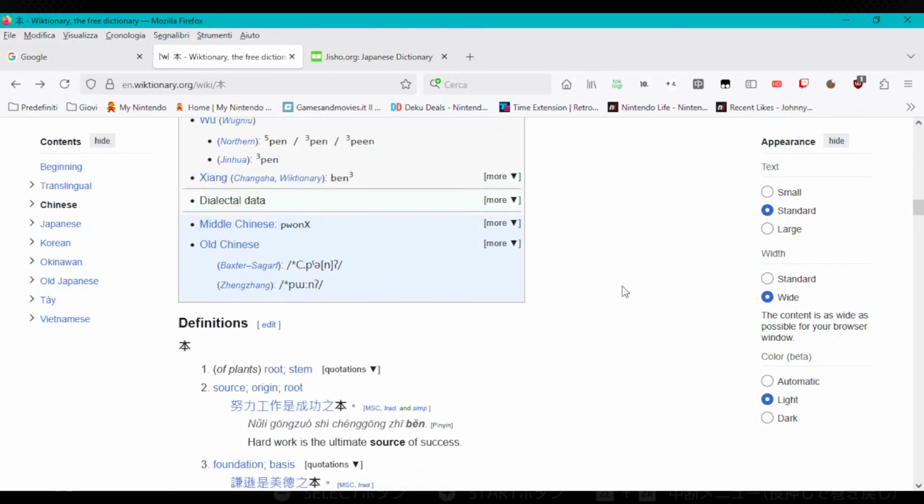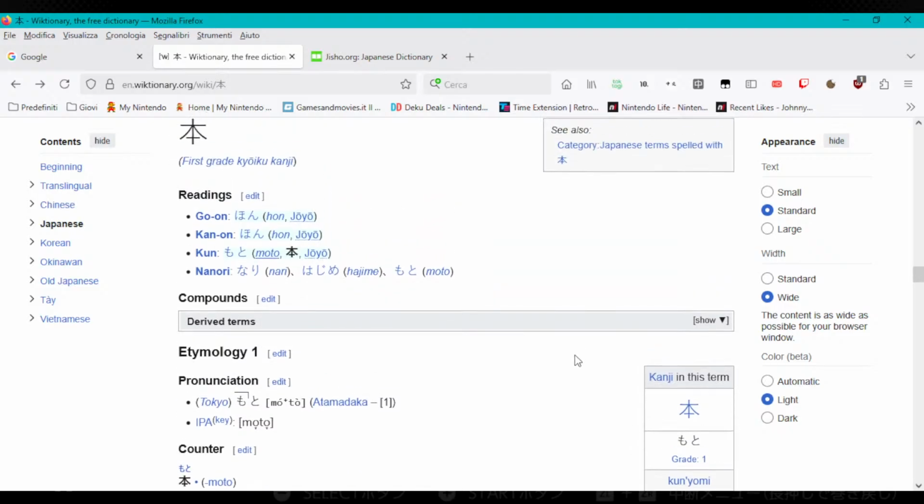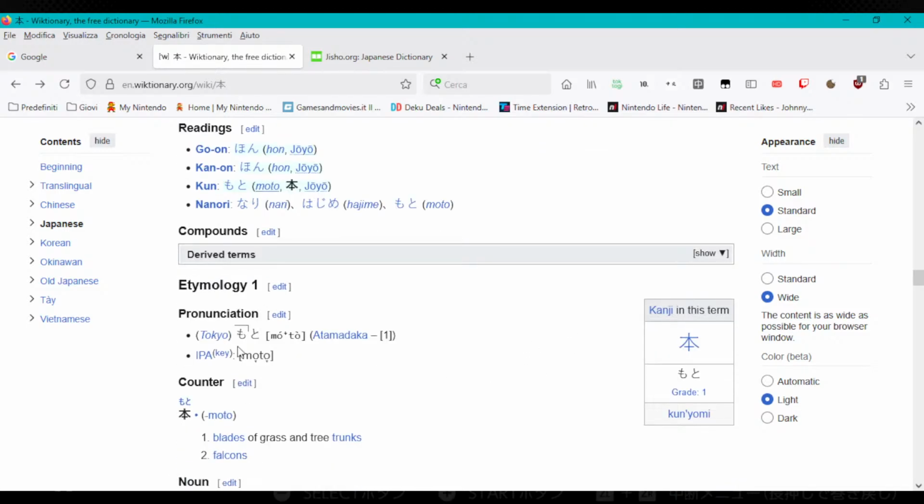But yes, and with that, we get a word that in its kunyomi, its strictly Japanese reading, means root, and it's pronounced moto, accented on the first one.